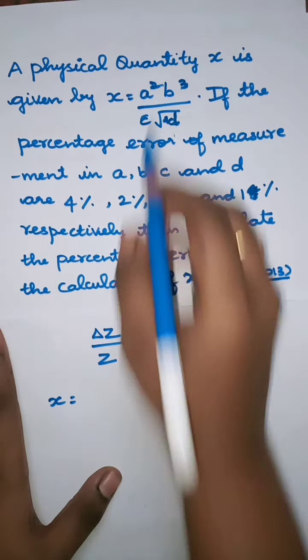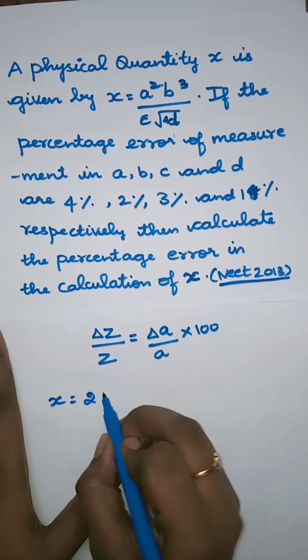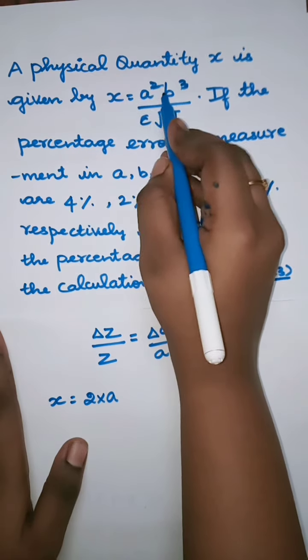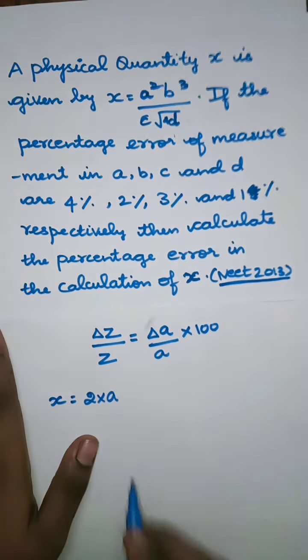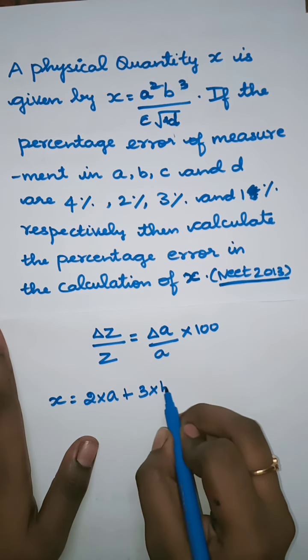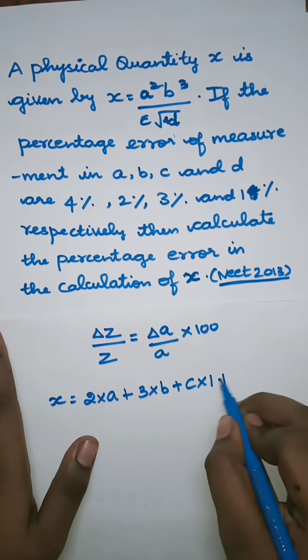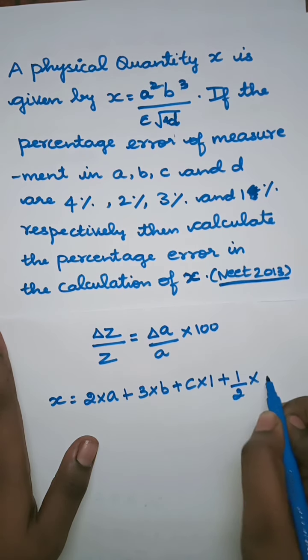Now wait, I'll show you. 2 into a, since the power is 2 and the alphabet is a, plus 3 into b, plus c into 1, plus half into d.